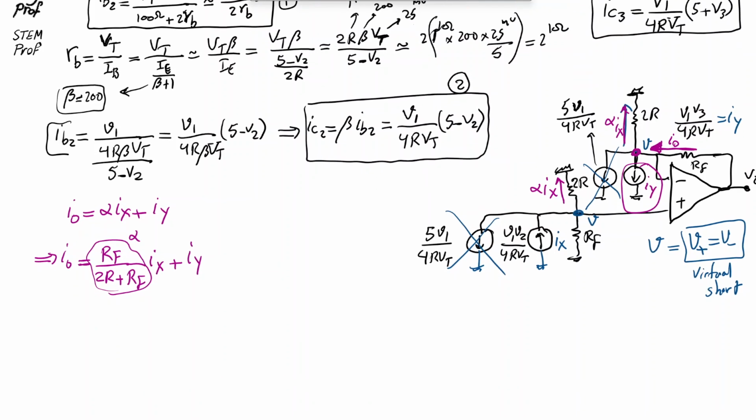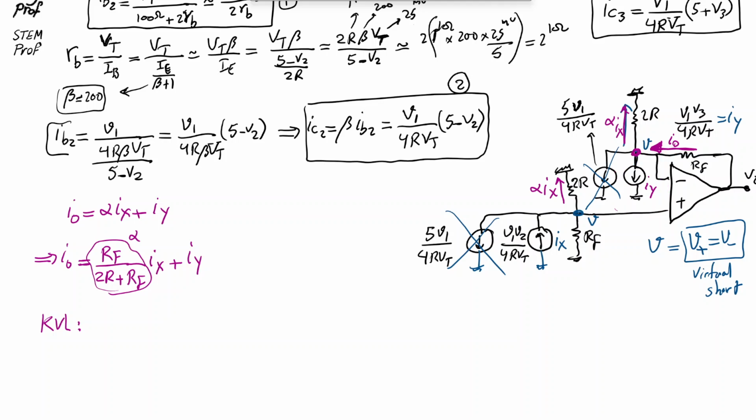Okay, so as you can see, the Vout can be found using KVL, or Kirchhoff's voltage law. So basically we have two components in Iout. One is the alpha IX portion, which is flowing from Vout to 2R, because it can't go to IY, because IY is a fixed current, a fixed value AC current.